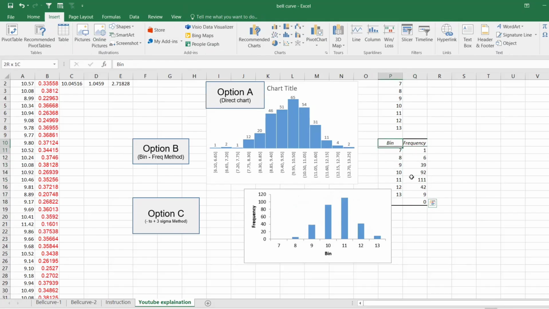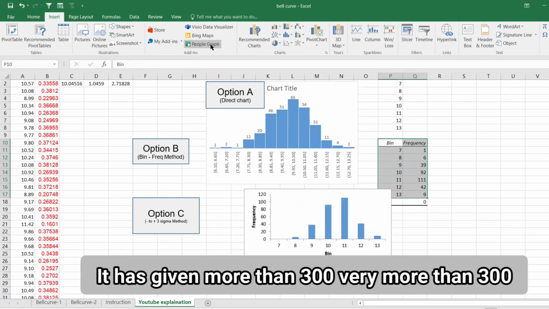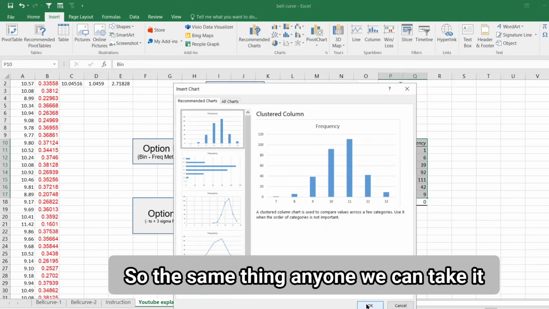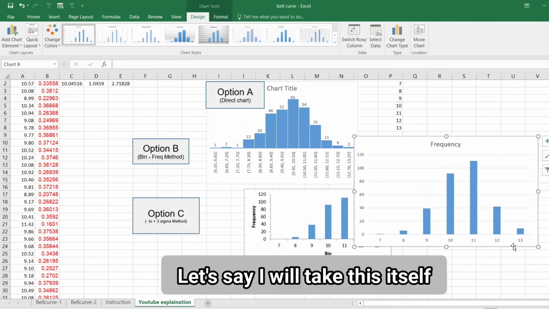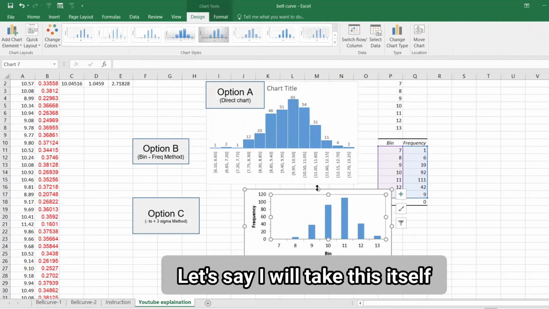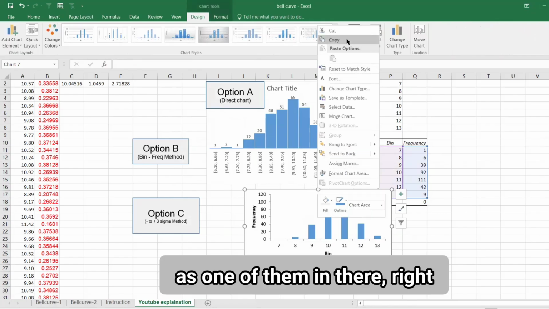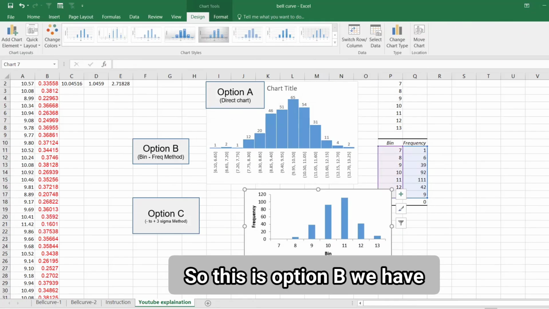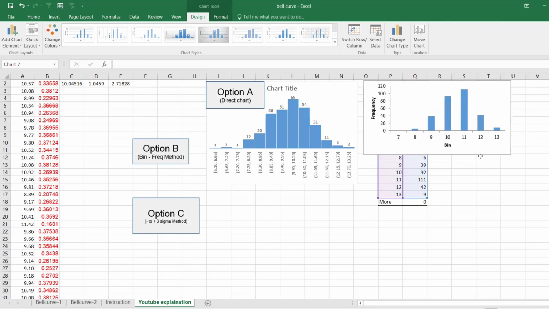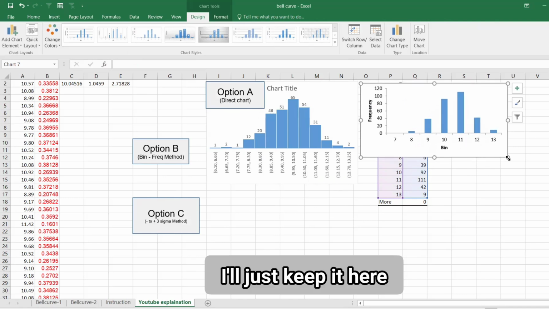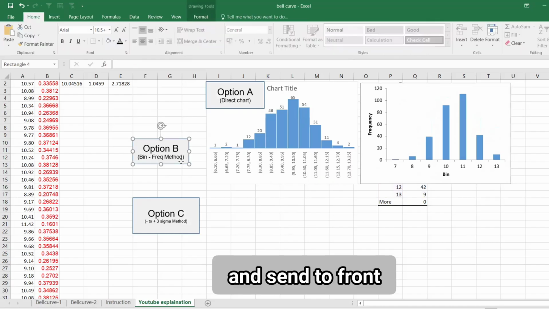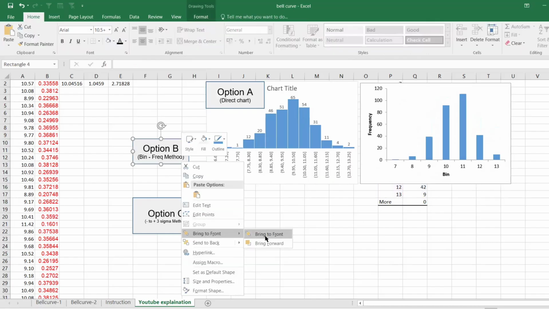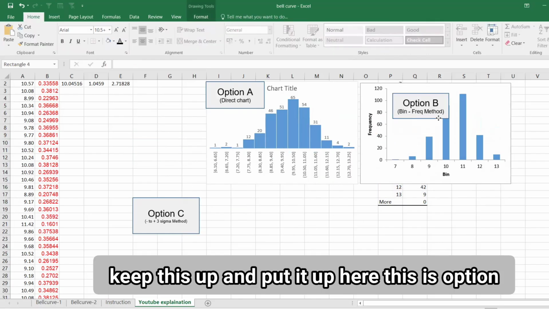In the previous one it gave much more than 300. So either of these we can take, both look to be the same. Let's say I will take this as one of the methods. So this is option B we have. I'll keep this here and send it to front.